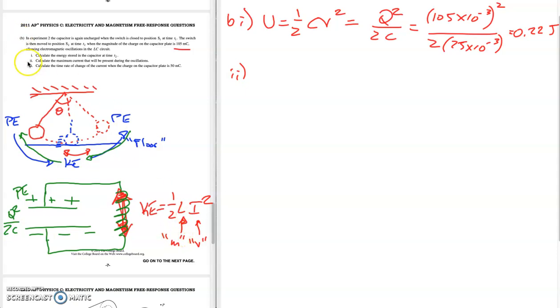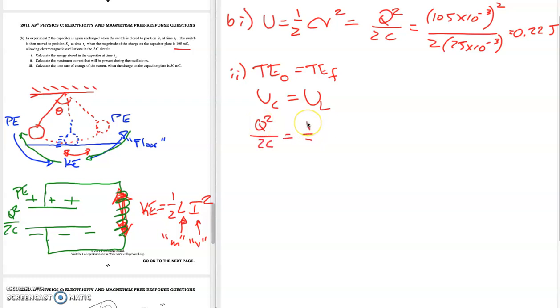So let's take a look at B part 2. Calculate the maximum current that will be present. Well, what we're going to do is say total energy original is going to be total energy final. And originally, it's the energy in the capacitor. And at the end, it's going to be the energy in the inductor. Well, we have a number for the energy in the capacitor, and we got that using Q squared over 2C.